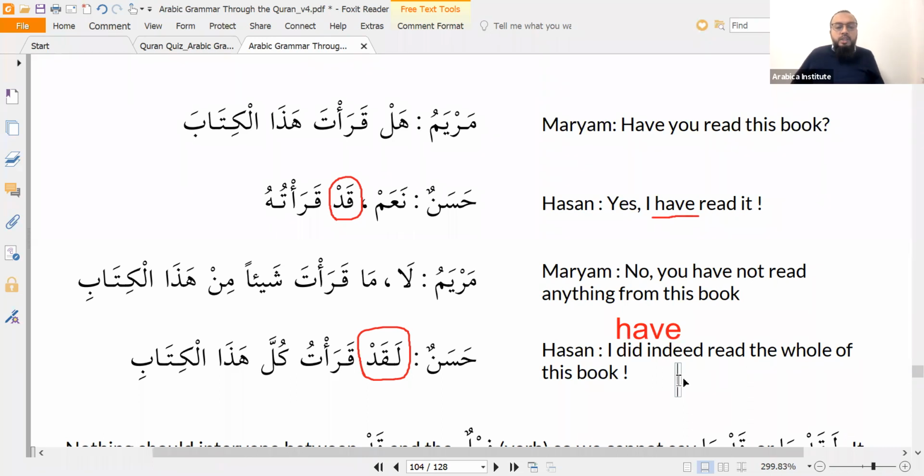It's a kind of complete action all the way up to now. It's more emphatic than I read. Okay, so qad is often translated or used when you're translating the present perfect into Arabic. Arab translators like to use the qad to render the present perfect into Arabic.